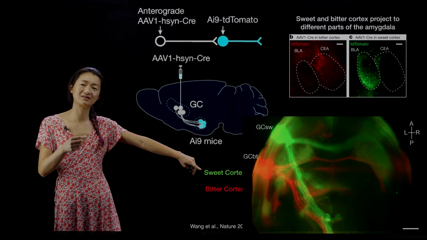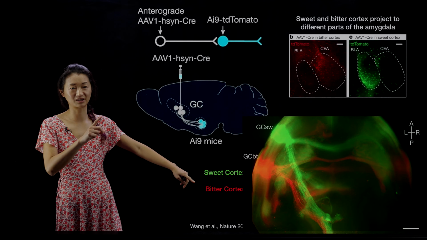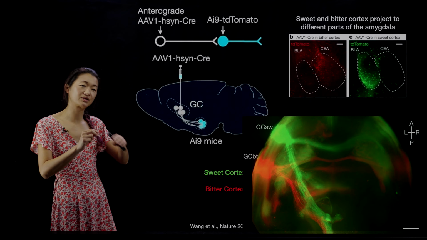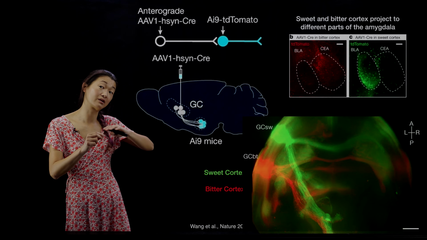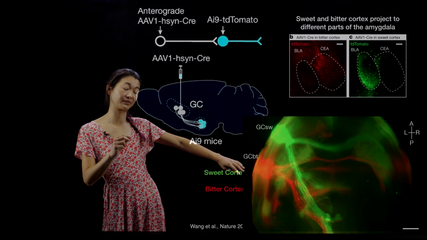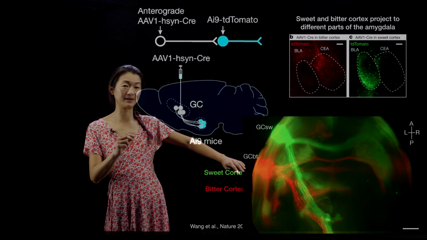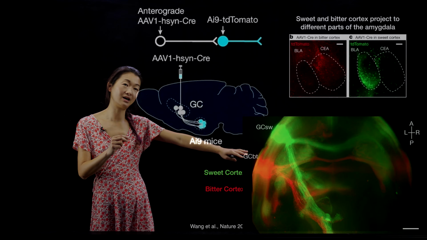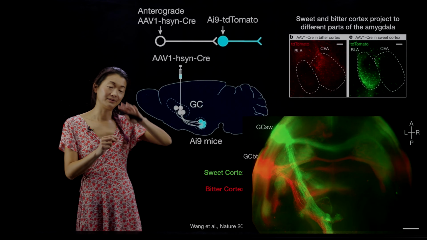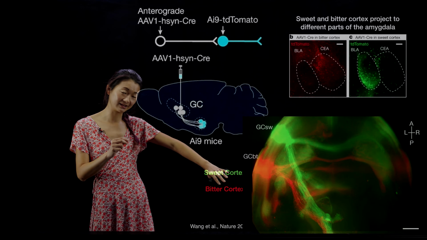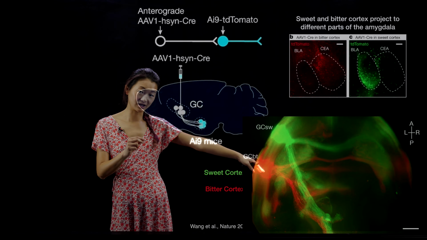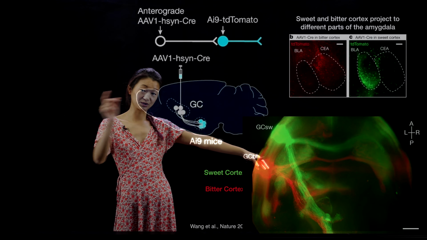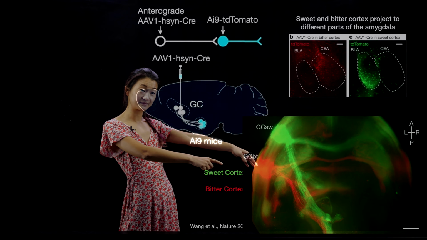That's what anterograde means. There are also retrograde viruses, but this particular one is an anterograde one. So it's going to follow those axons to wherever those gustatory cortex neurons are going. They're going to transport it all the way down the axon and hop to the next neuron that neuron was projecting to, across the synapse, okay?